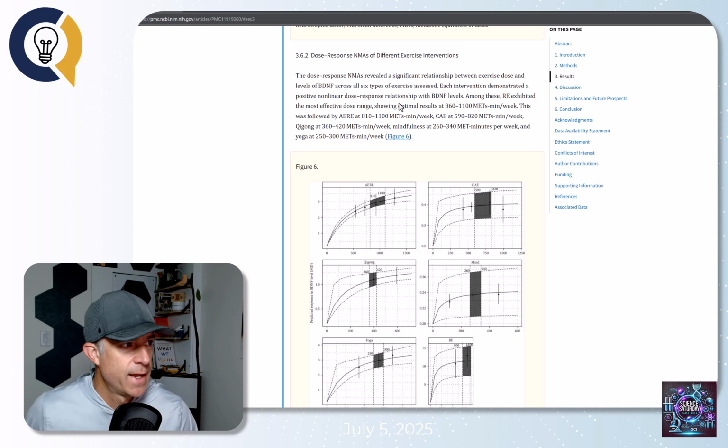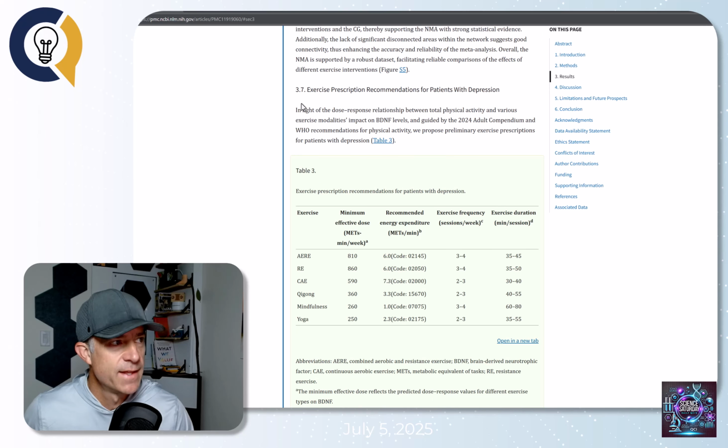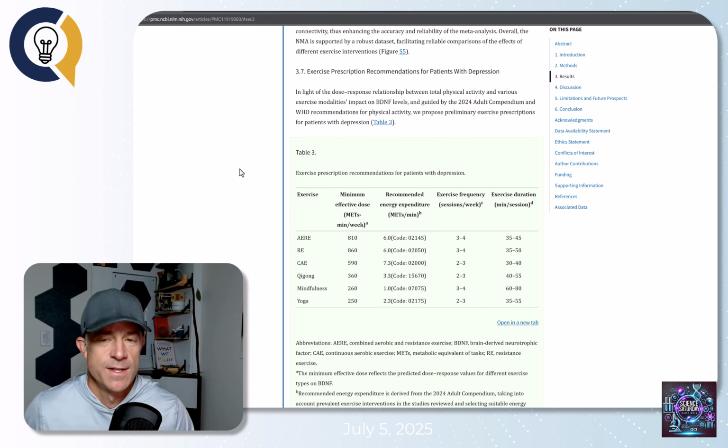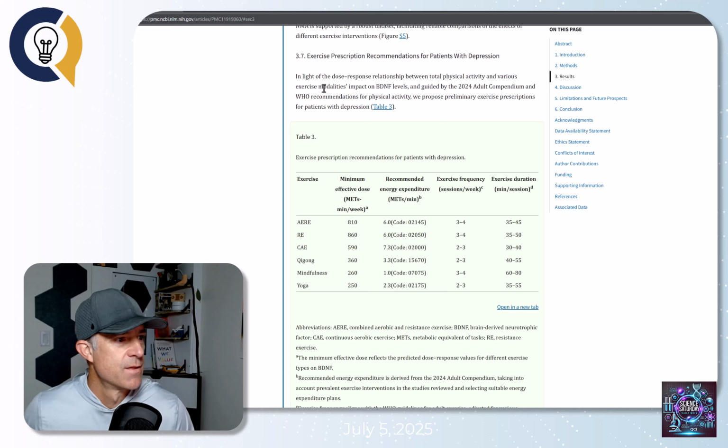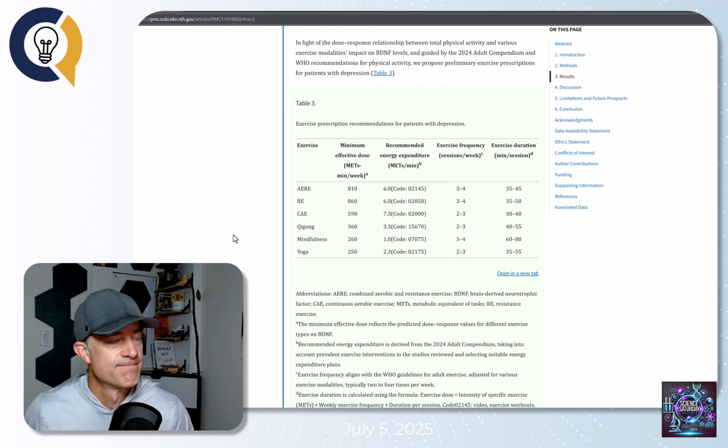So now we know that if we have more movement, more exercise, we have more BDNF release. And then, can we now recommend exercise for patients with depression? And then based on the research, their references, what they discovered in this paper, they are proposing preliminary exercise prescriptions for patients with depression. Fascinating.